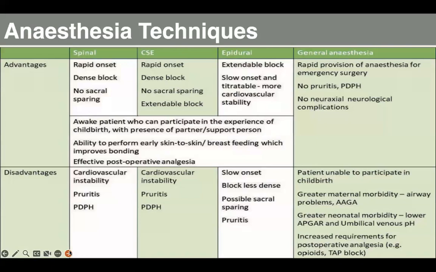So on this chart, you'll see different anesthesia techniques and their stipulated advantages and shortcomings. I urge you to go through it. You can take a screenshot because it's populated with a lot of details.